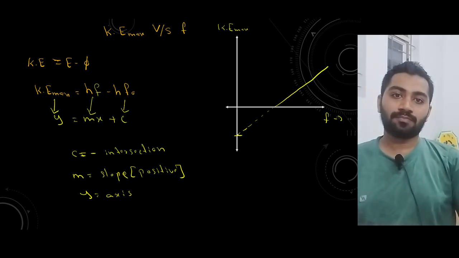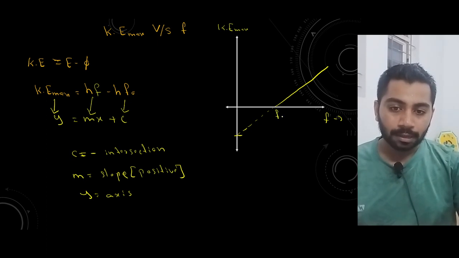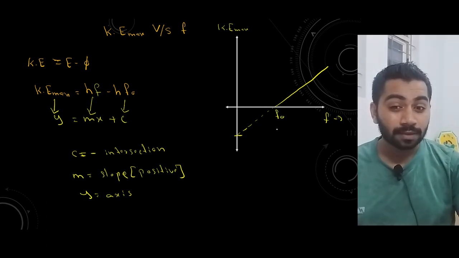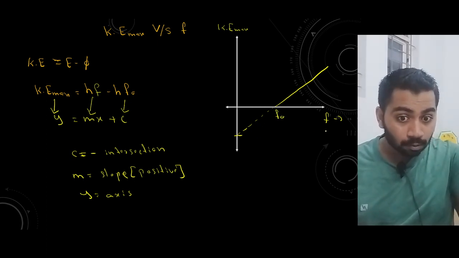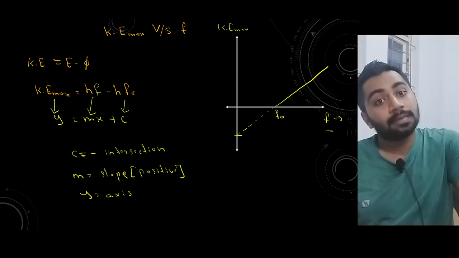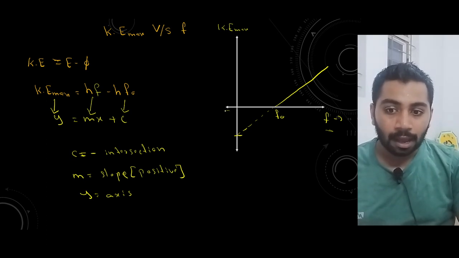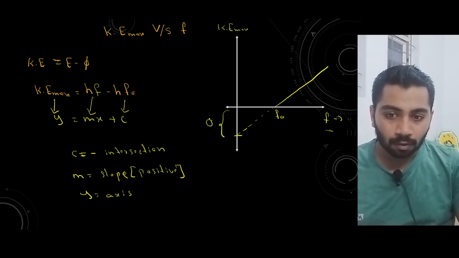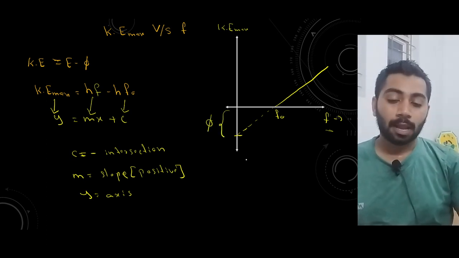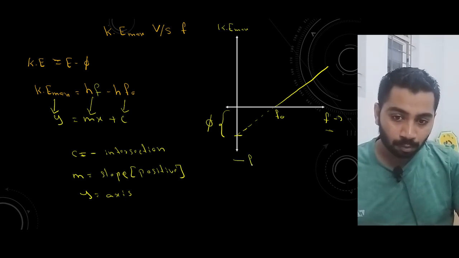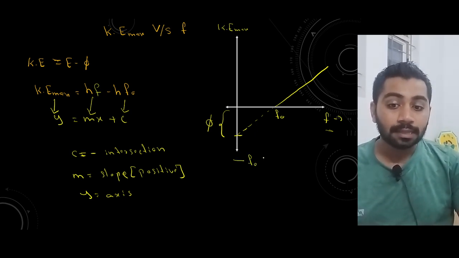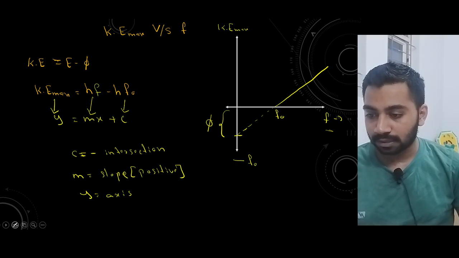Slope is positive. See, simple. And this point is your epsilon naught, which means the threshold frequency. Only when the frequency is greater than the threshold frequency, at that time emission is happening. And this is your work function.